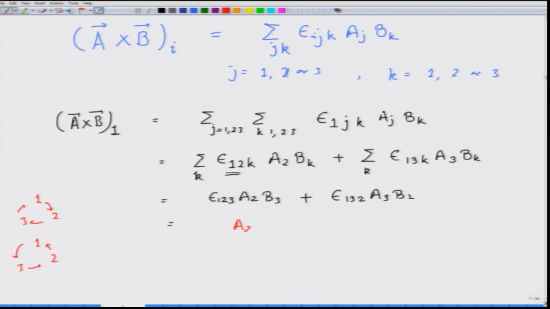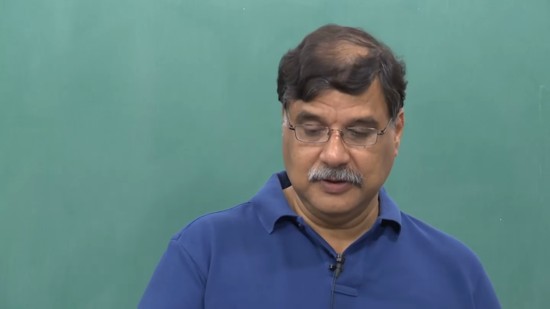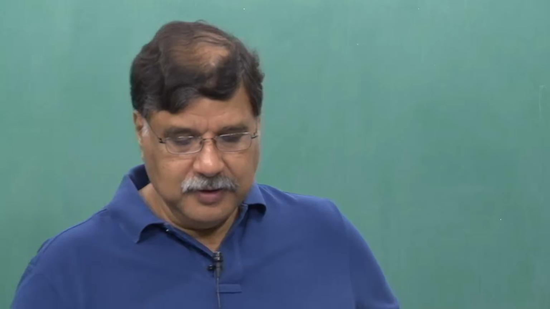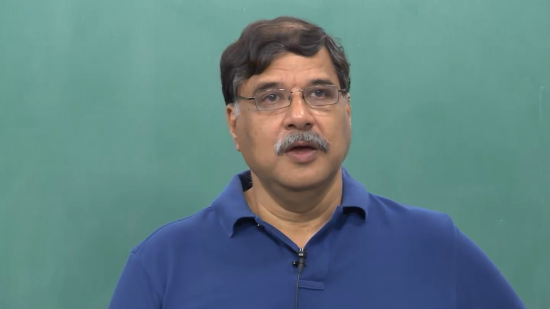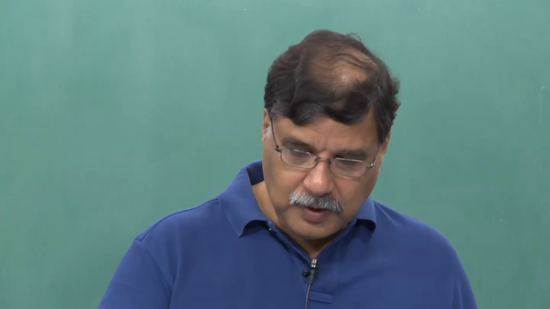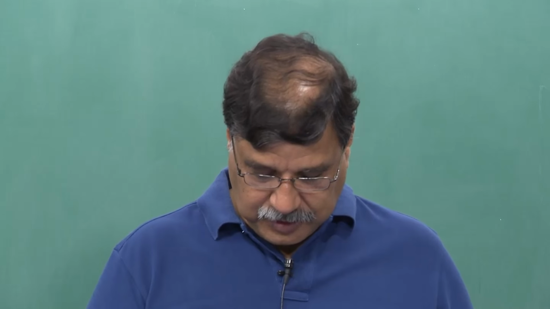So, it becomes a 2 b 3. 1, 3, 2 is the other way, so that is going to be minus a 3 b 2, which is nothing but a y b z minus a z b y, which is the correct answer. So, you can see that by using this symbol, I can very easily express all components in one simple formula like this. And then we are going to use the properties of these to prove various relationships.